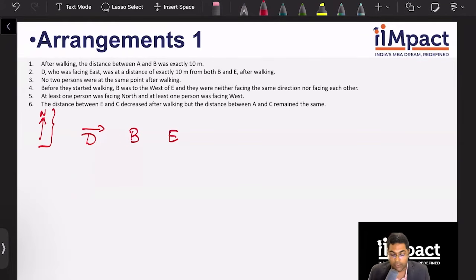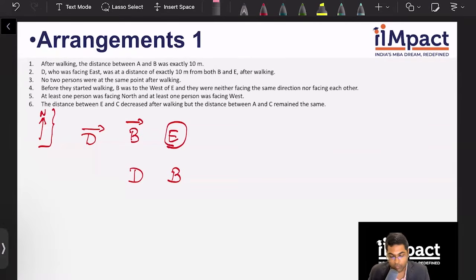Now if D is moving towards east, D will come over here. I know that B and E have to be 10 meters away from this. If B also moves towards the east and B comes here, then there is no place for E to move in order to be 10 meters away from D. Correct? There is no way.